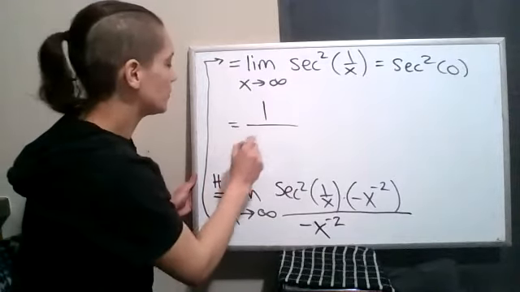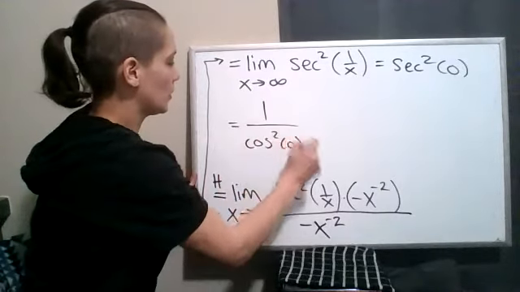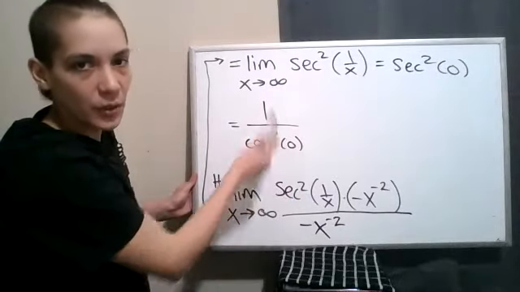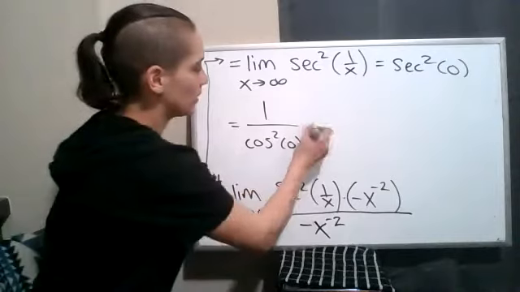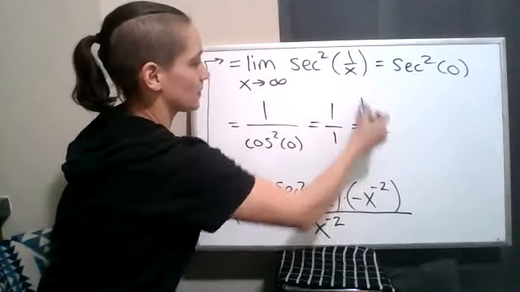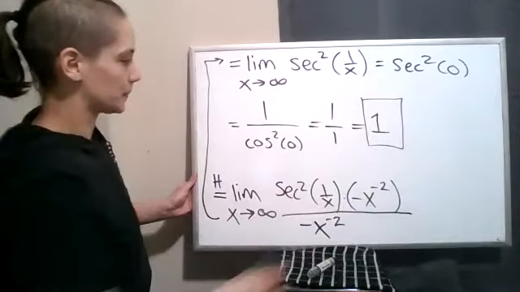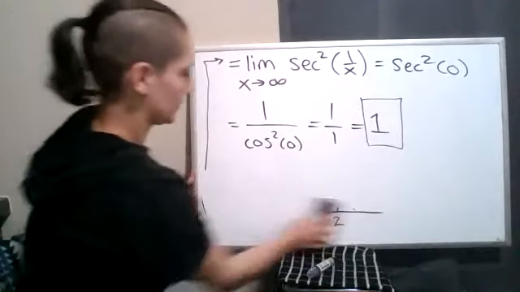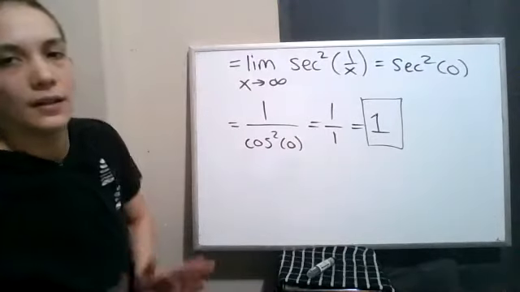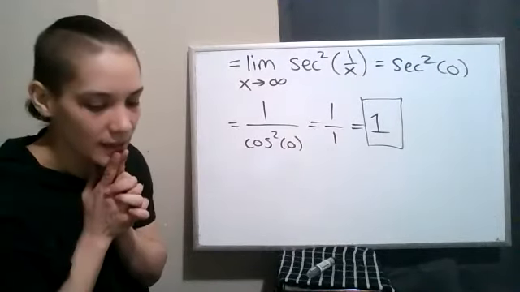Cosine squared of 0 would be 1 squared. So 1 over 1 is going to be 1. Sweet. And that's the end of that.